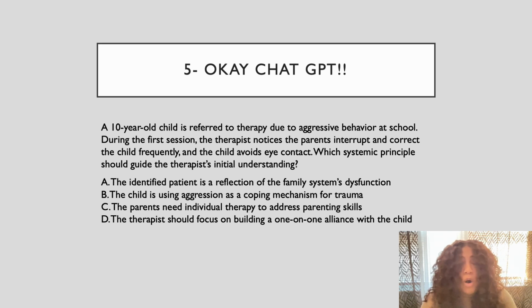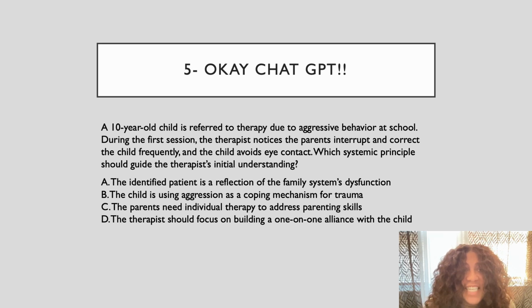Right? So if this is me walking us through this, I would highlight, and I always highlight ages. I don't know why, I just do. So a 10-year-old girl is referred to therapy. The therapist is noticing, and here we go, I would highlight the parents interrupt and correct the child frequently. And then I would highlight child avoids eye contact. And then the next thing, initial understanding.